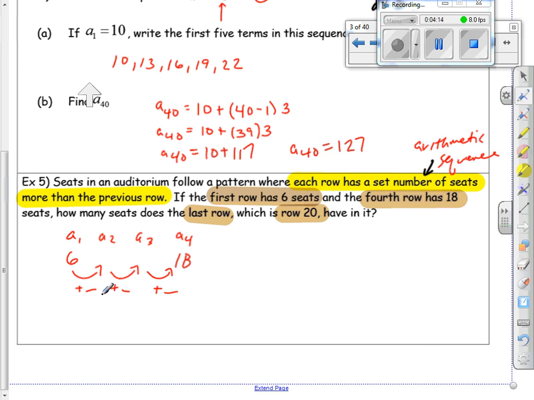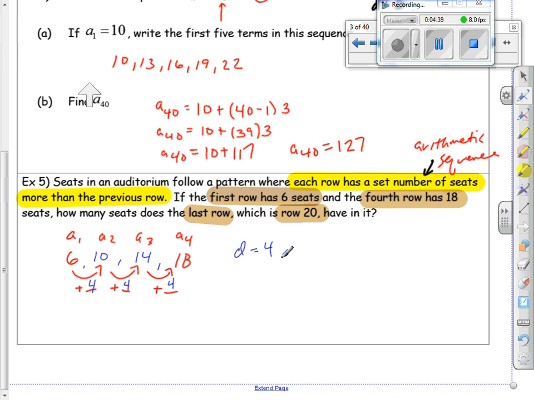Why don't you pause the video and see if you can figure out what value this is. If you said 4, you were right. 6 plus 4 would give 10. 10 plus 4 would give 14. And 14 plus 4 would give 18. So we now know that the common difference in this function is 4.